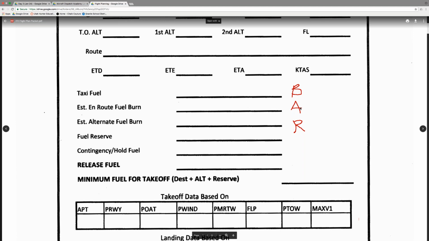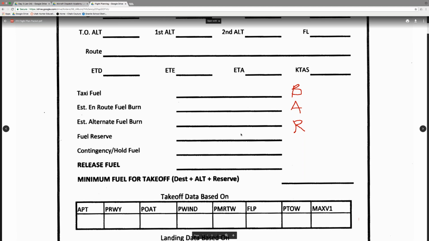So to our furthest alternate, why wouldn't we plan the closer one? It'll save us weight, right? If we plan to the closer one. Have maximum fuel for the worst case scenario. Yeah. So we want to put the most amount of fuel and restrict the weight of the aircraft.